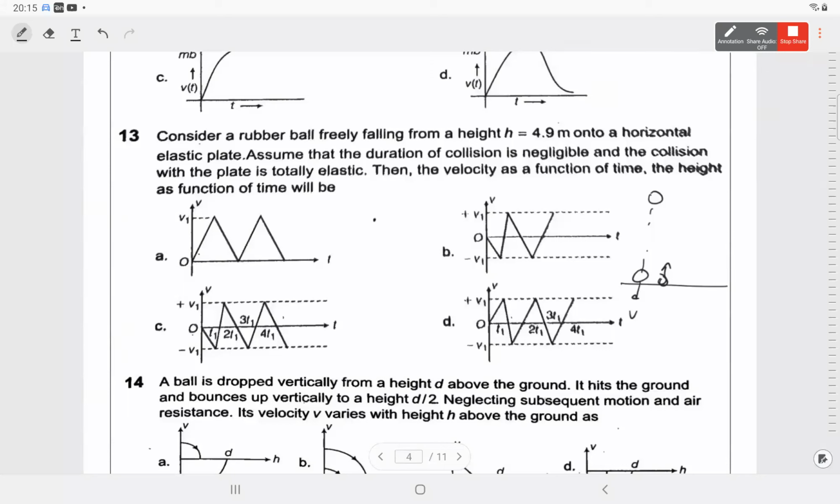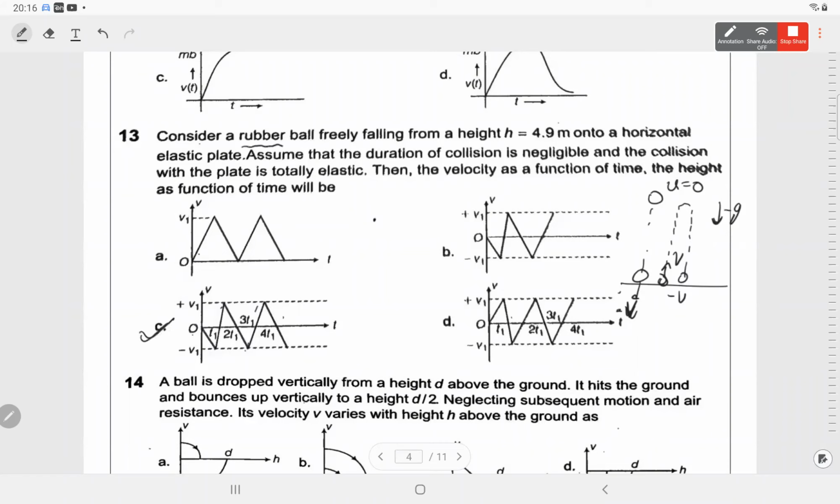We have to tell velocity as a function of time. Initial velocity is 0. If we take downward as negative, because acceleration is negative, its velocity keeps increasing. Before collision it was -v, after collision it becomes +v, and that becomes 0, and again it will become -v. So 0 to -v, then again from +v to -v, then again from +v to -v. So that is option C.